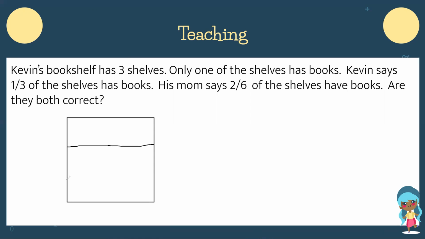There's the top shelf, the middle shelf, and the bottom shelf. Next, it says only one of the shelves has books. So I'm going to shade one part because only one part of the shelf has books in it.